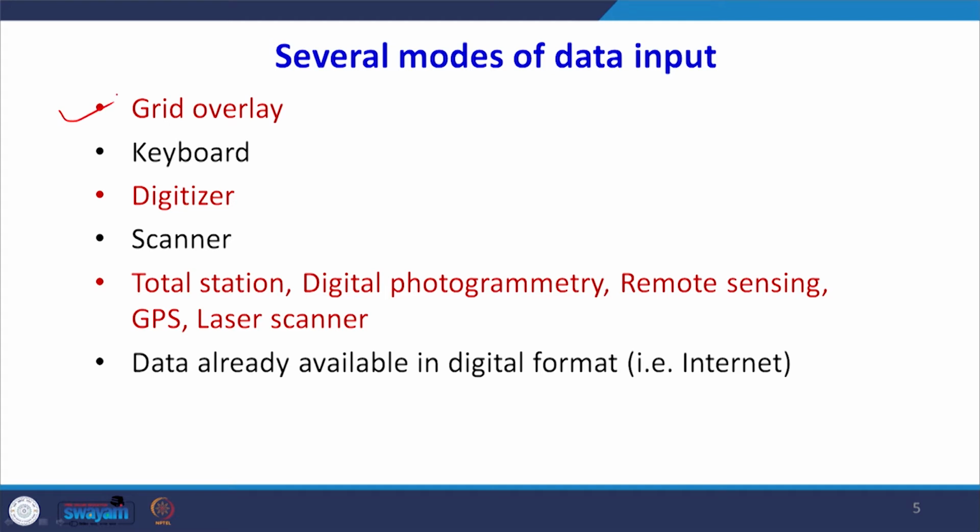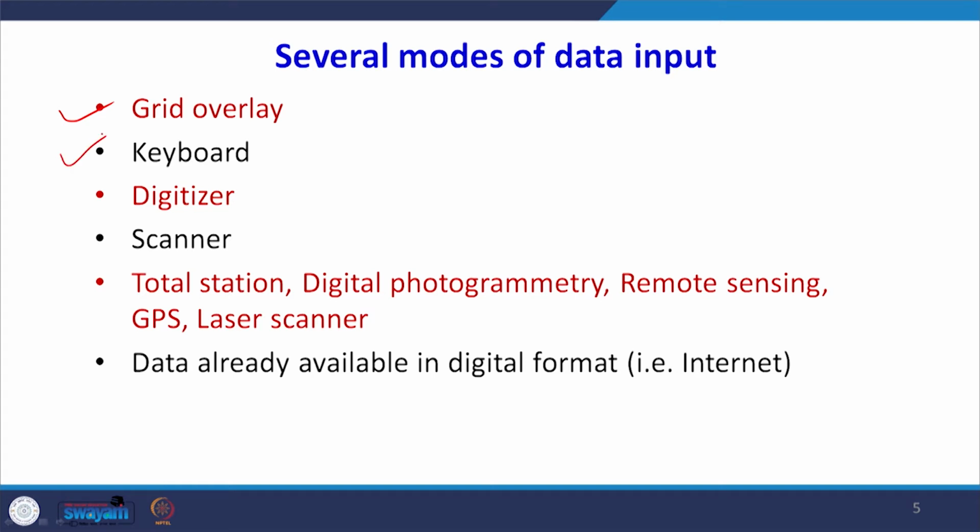It's a completely manual method, where the grid is superimposed on the map, and then under each grid cell we identify which kind of feature is there, that is coded, and then this information is given to the computer system in order to carry out the grid by grid analysis. So grid overlay was one very old method when these digital methods were not available.